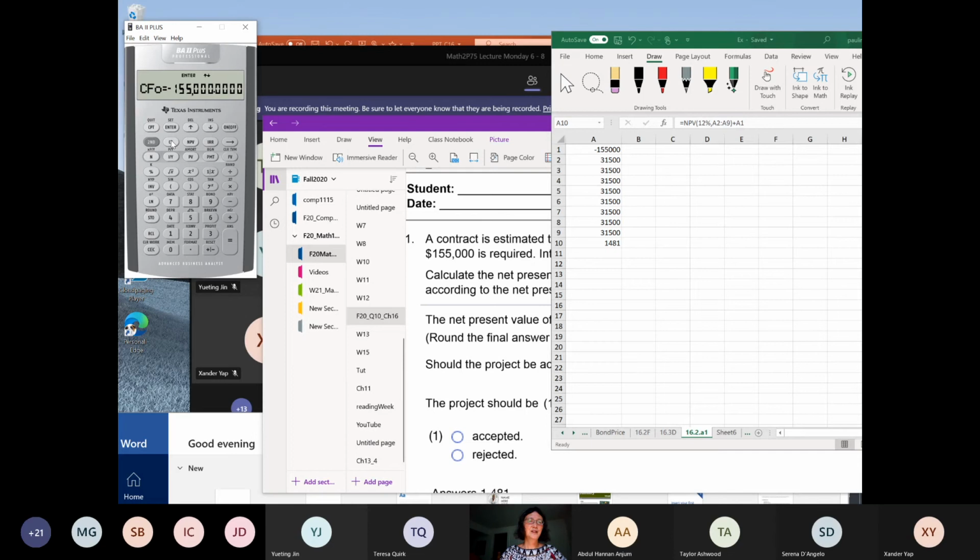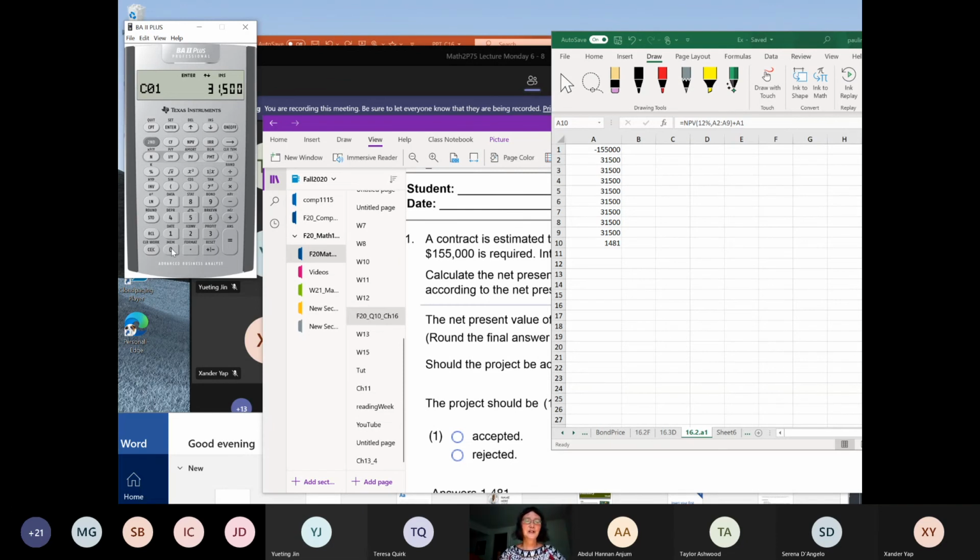CF, and then second, clear workbook. So 155,000. This is the negative number. Enter. Down arrow key. 350. Oh, I know what happened. 31,500. I entered one more zero before.